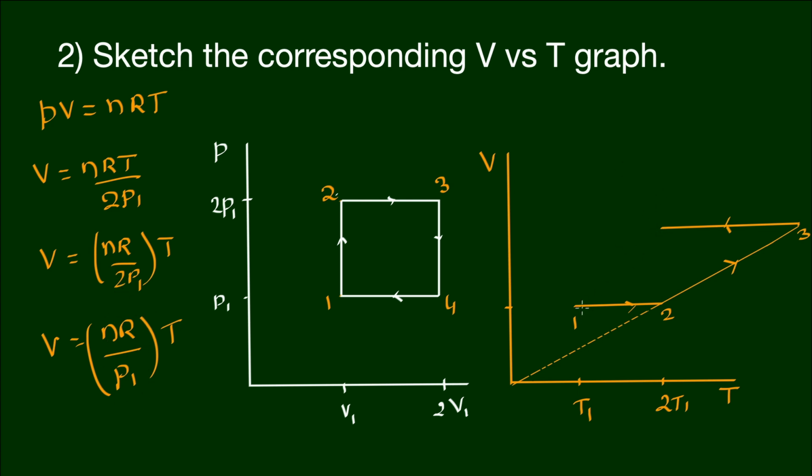So the slope of this line is going to be greater than the slope of this line. So again, it's going to be a line passing through the origin, and if I had drawn all these things correctly, it would have come up to here. So this is 4 back to 1. This is what a V versus T graph looks like: 2 horizontal lines and 2 lines which, when extended, pass through the origin.